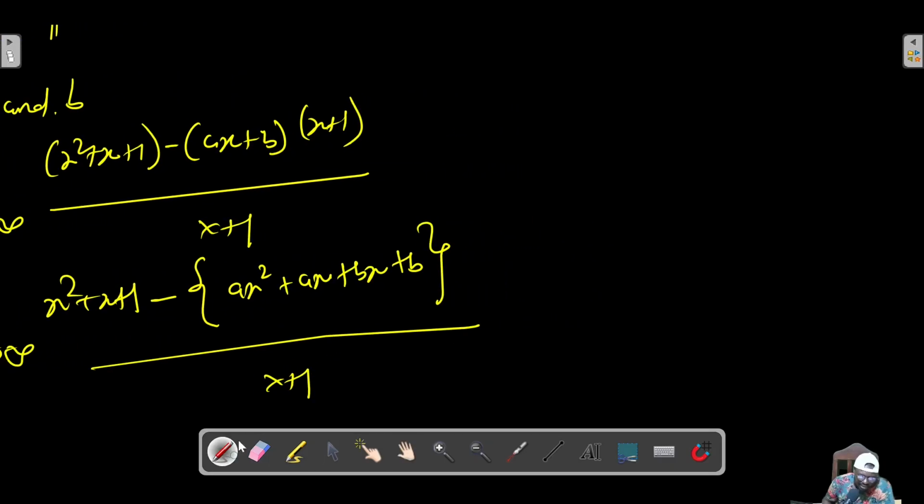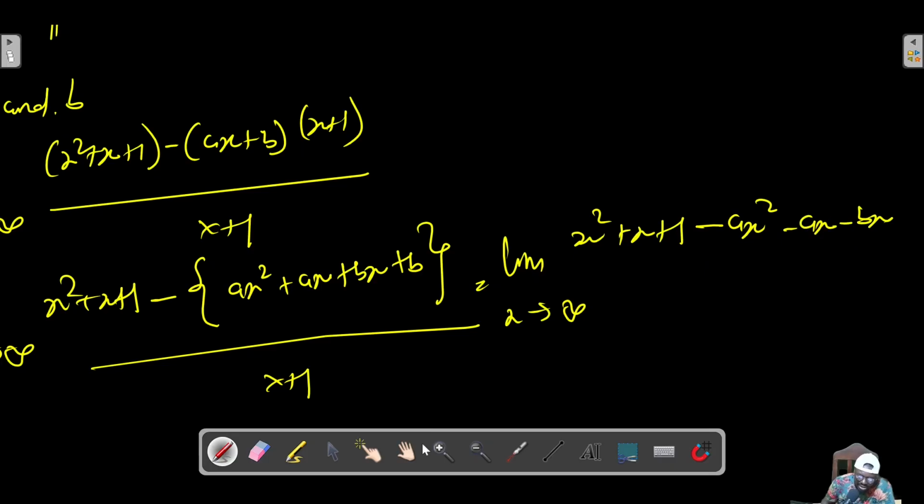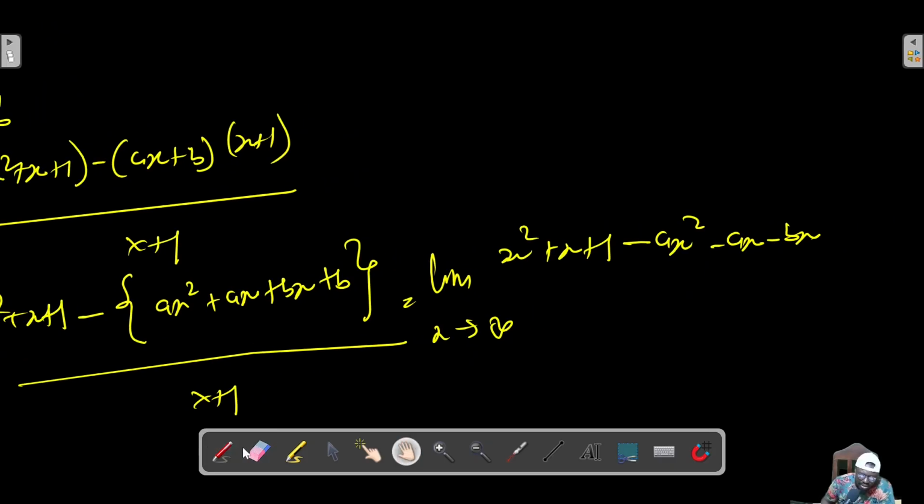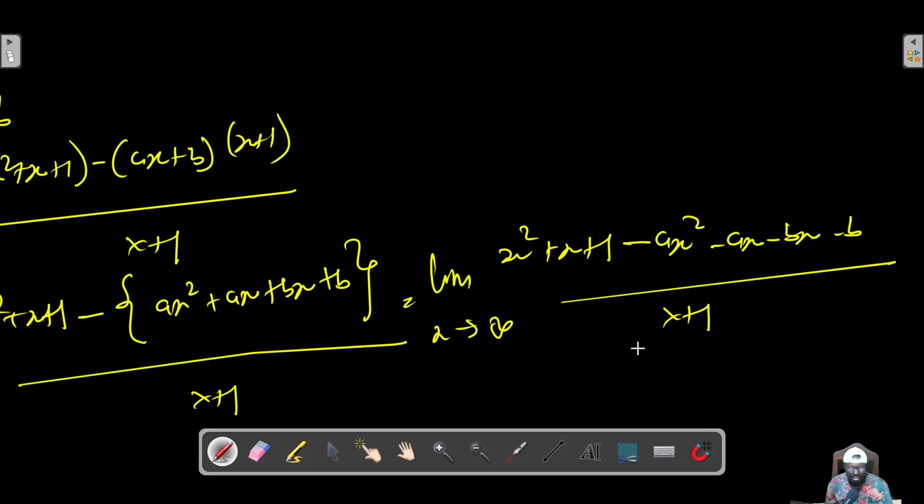What do we get afterwards? We get the limit as x is approaching infinity of x squared plus x plus 1 minus ax squared minus ax minus bx minus b divided by x plus 1.